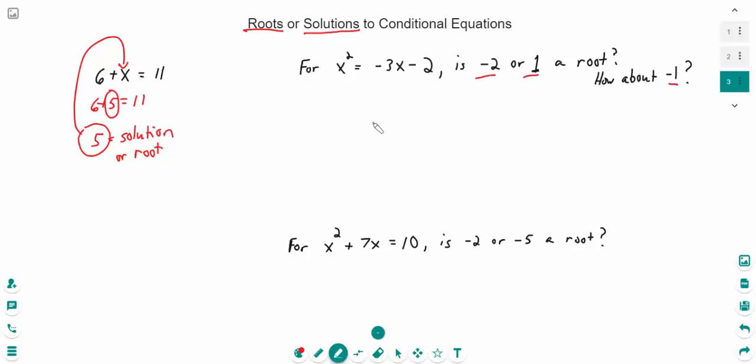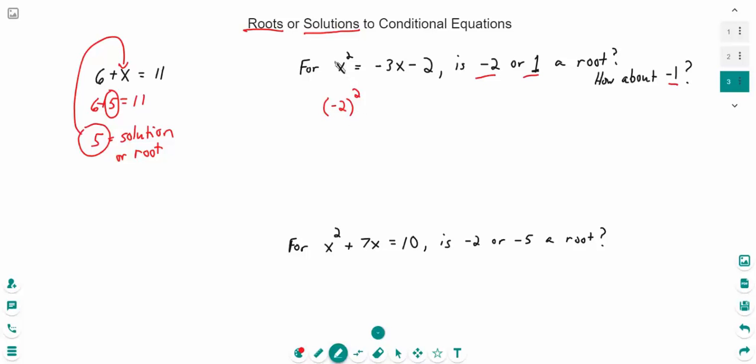And to answer that, all we need to do is take each one individually and plug it into the equation and see if we end up with a true equation. So x squared, plug in the negative 2 for all of the x's in this equation. So negative 2 squared, right? Remember, when we plug in values, we like to keep them in parentheses.